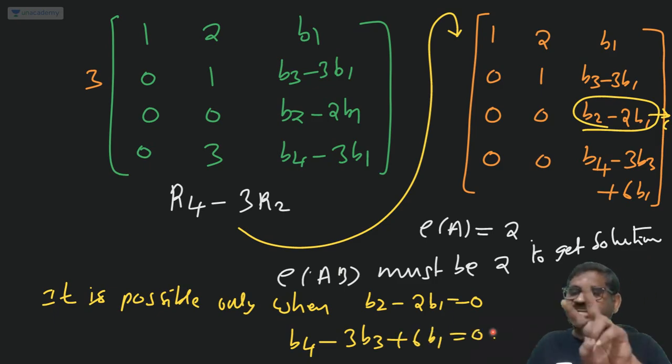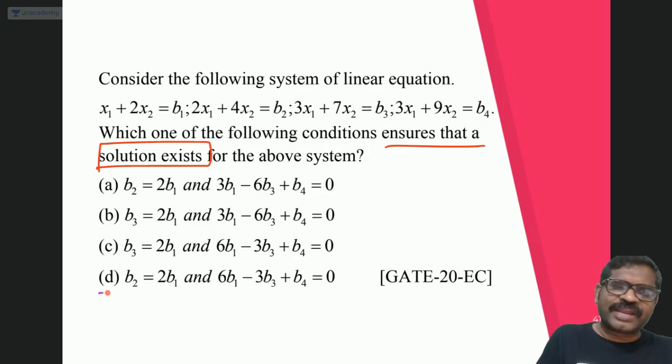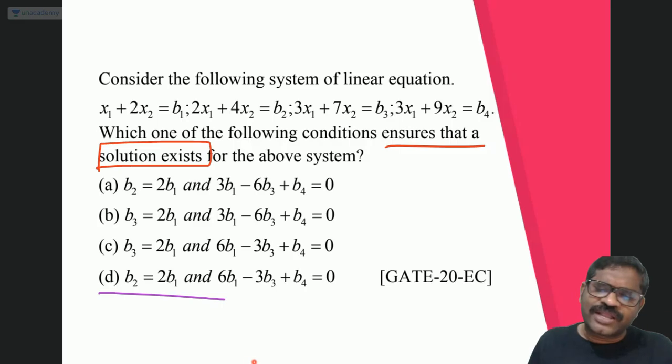These two conditions must be satisfied. Not any one of them. Both the conditions must be satisfied. B2 equal to 2B1 and 6B1 minus 3B3 plus B4 equal to 0.